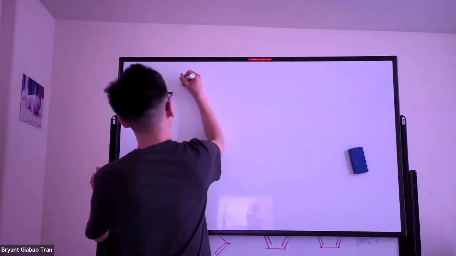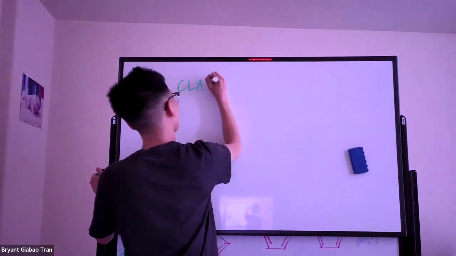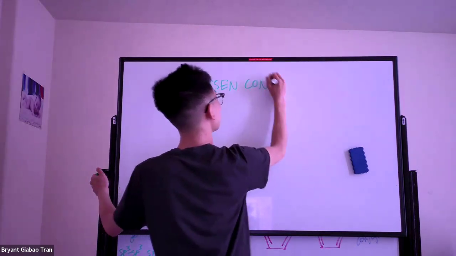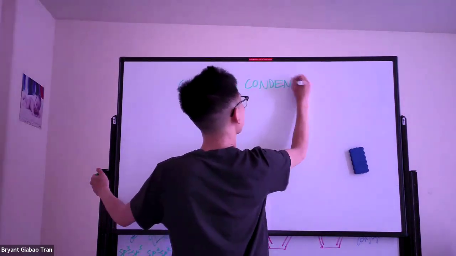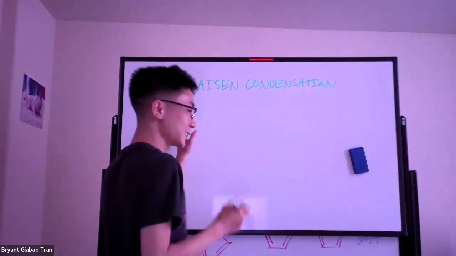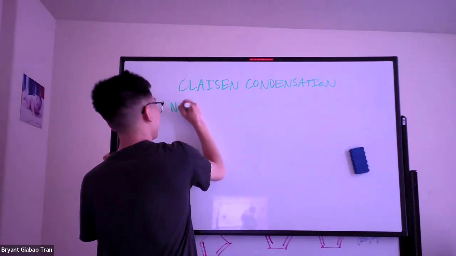Do you remember in our very first session, we talked about Claisen condensation, aldol condensation, those reactions, what type of nucleophile is used, what type of electrophile is used. Claisen condensation. Okay, so for Claisen condensation, what is our nucleophile?